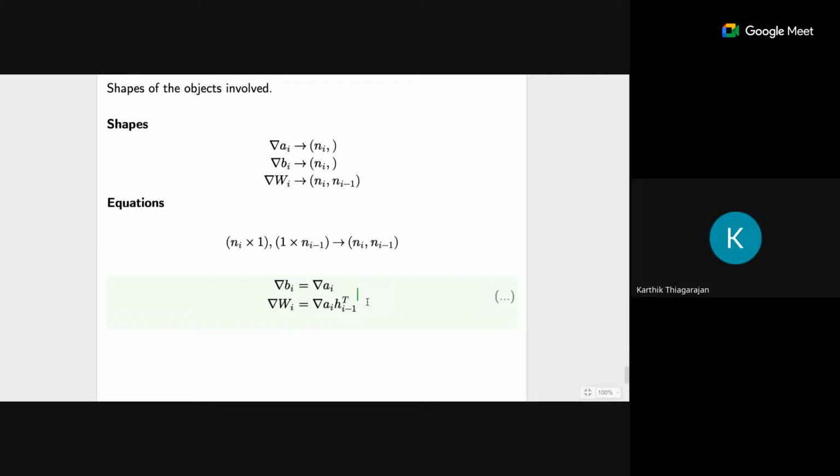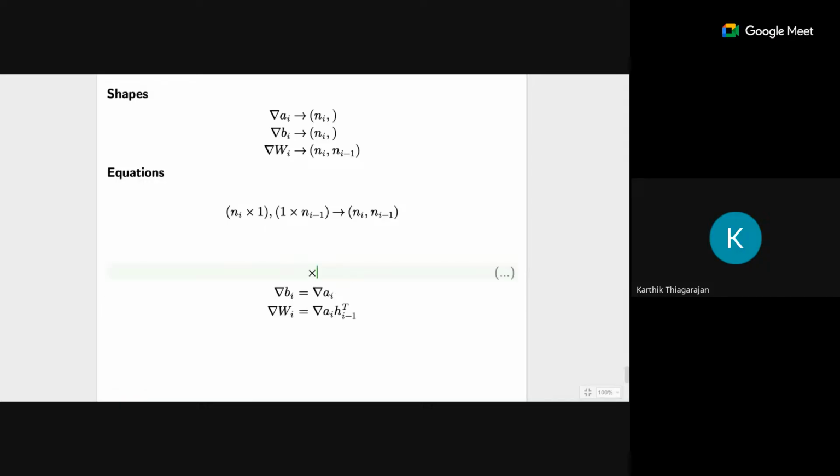Transpose, right? So this is actually called an outer product. For those of you who remember, we did this in MLT. X X transpose, for the covariance matrix, if you remember, this is what we did. So this is a vector times a vector transpose. Something similar is happening. So this is called an outer product.